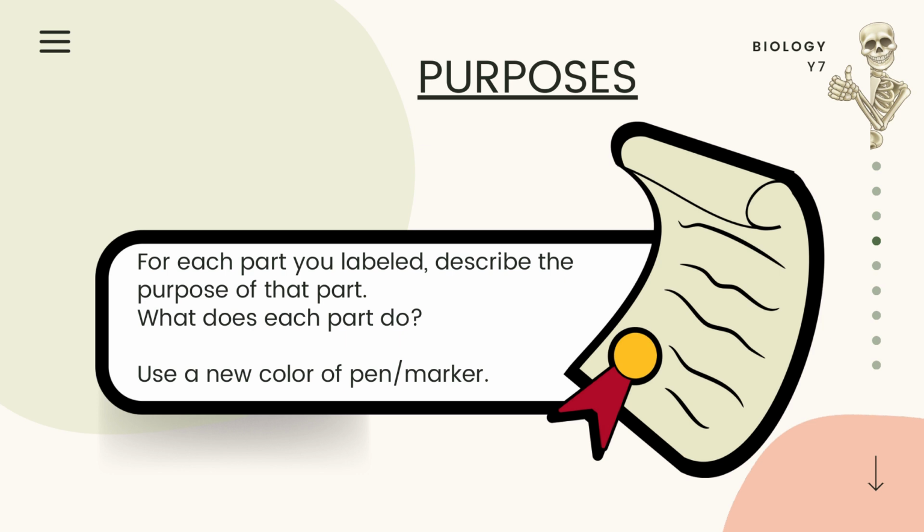What do you think is the purpose or the function of that part? And oh, by the way, you have to use a new color of pen or marker in this section of the activity, just to make sure that you organize your thoughts.